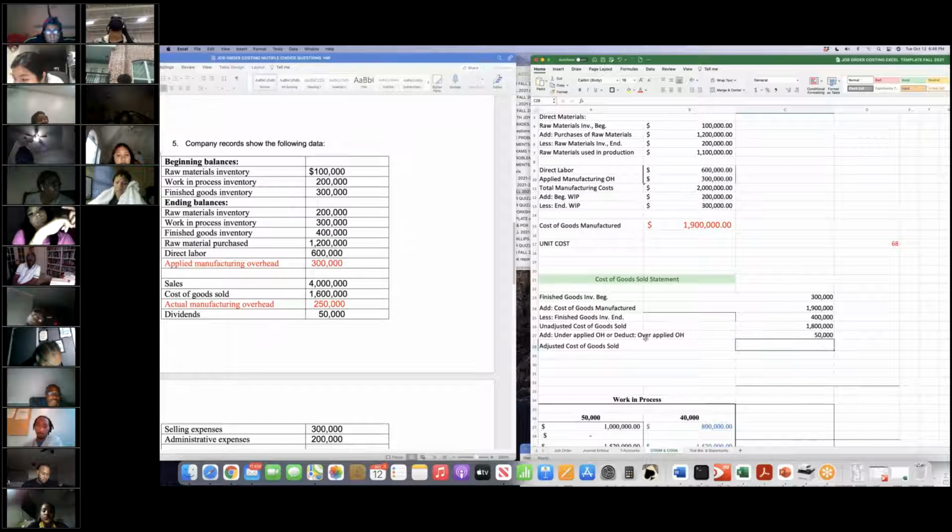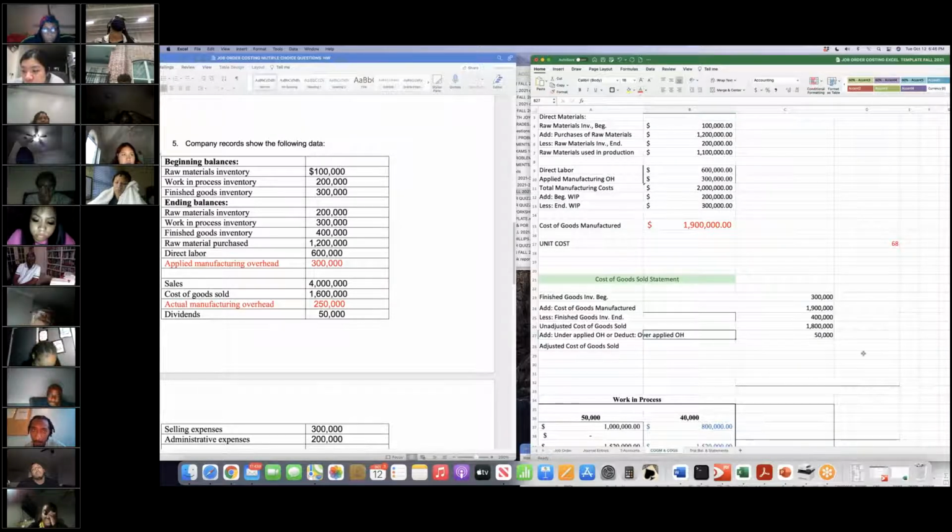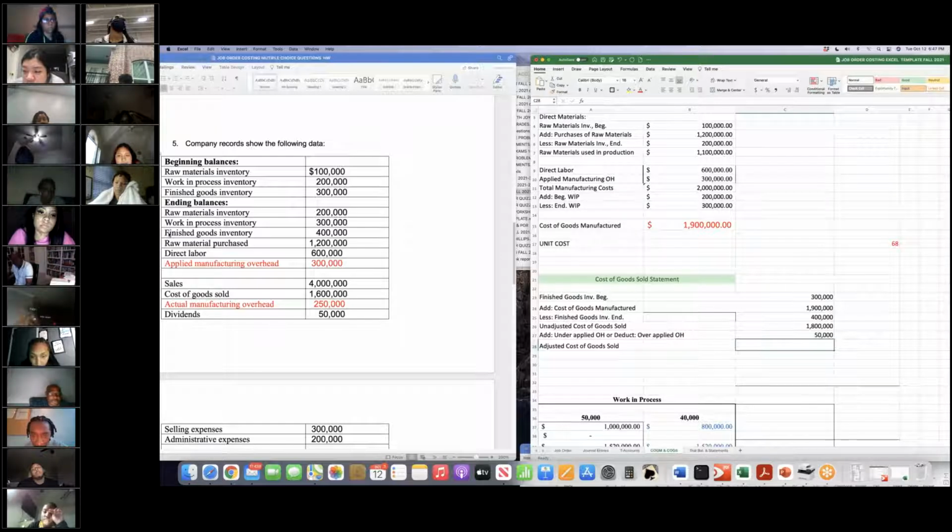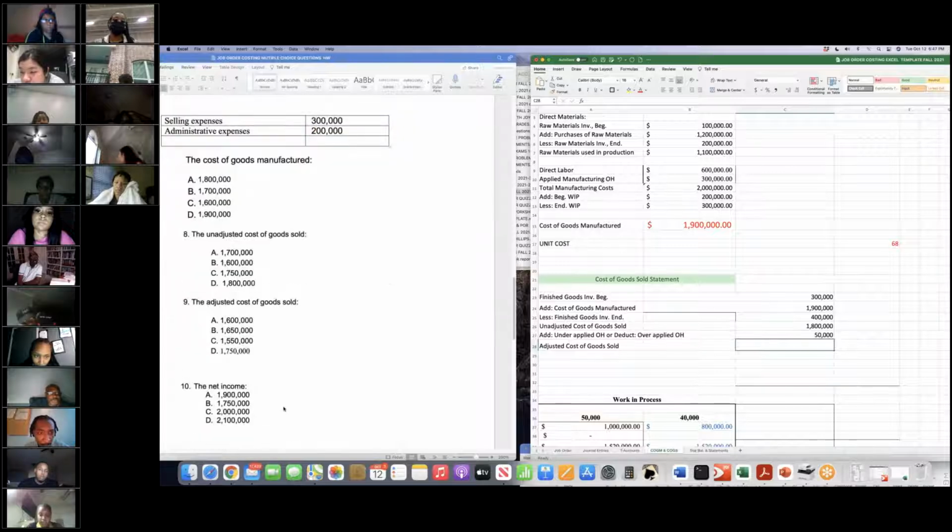So our adjusted cost of goods sold, we are deducting the overapplied. So the amount is going to be how much? That's D. Do we have an answer on that, D? Yes, sir. $1,750,000.